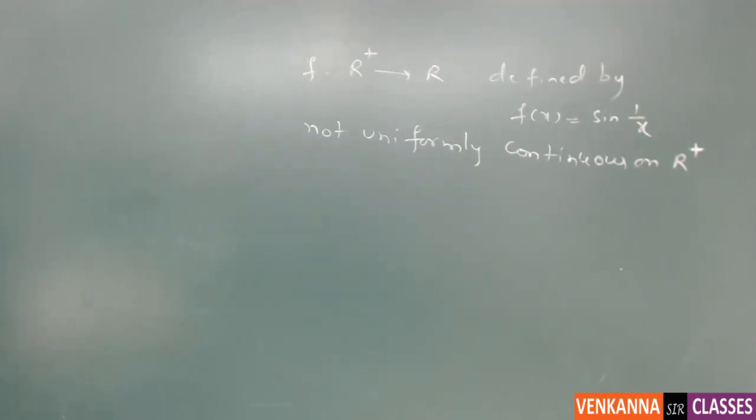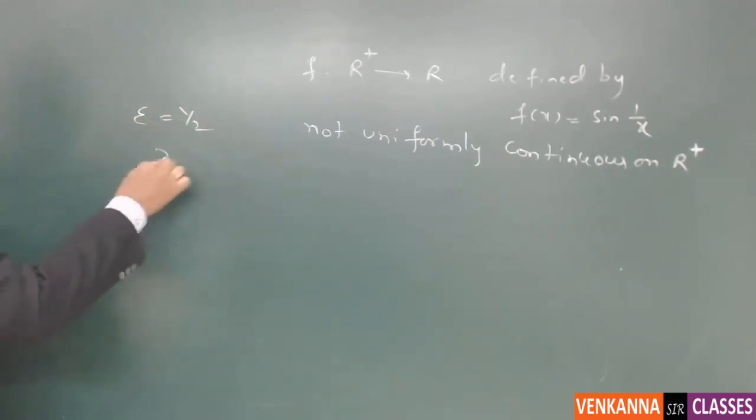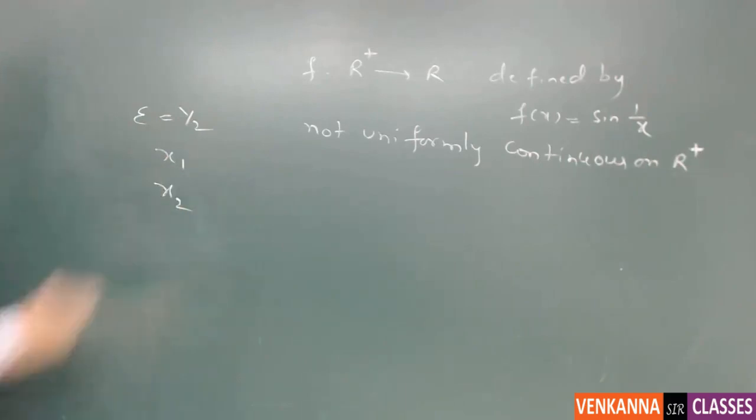Now I am going to choose the two numbers x1 and x2 such that even though the difference between them is less than delta, if we calculate the function values f of x1 and f of x2, the difference will not be less than epsilon. So for this also, take the same example, say epsilon is equal to 1 by 2. I am going to choose x1 and x2 as the values.